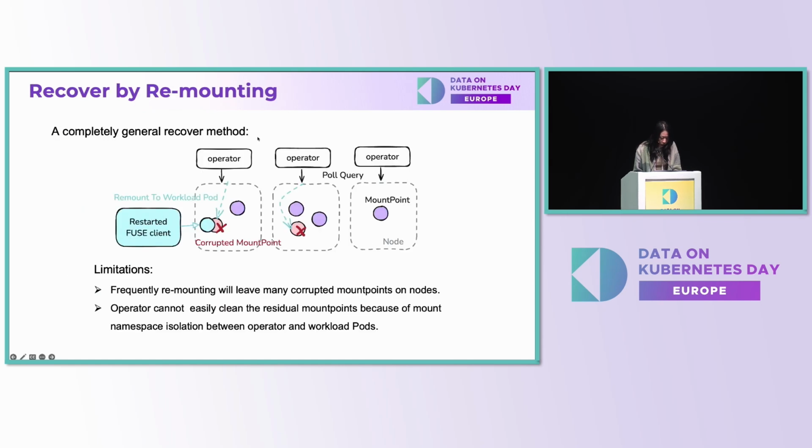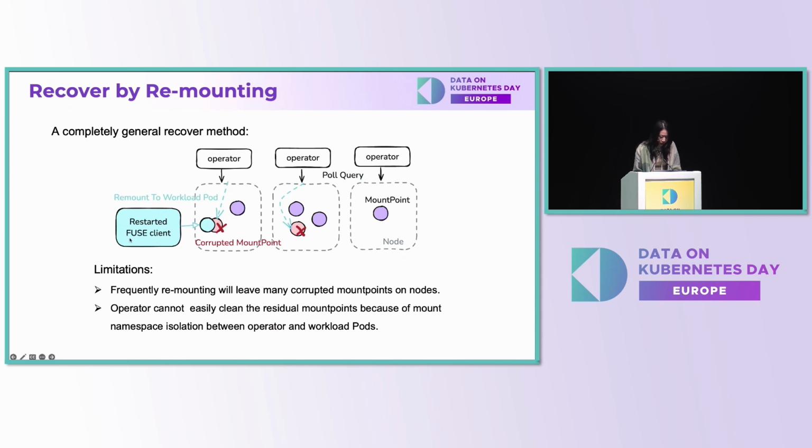Introducing an additional operator can be an intuitive way to take charge of our mount points. As the figure shows here, the operator works as the daemon sets in cluster and keeps carrying the mount info on nodes. If you try to remount the corrupted mount points, it can recover the mount points in the workload containers if the host to container mount propagation is allowed.